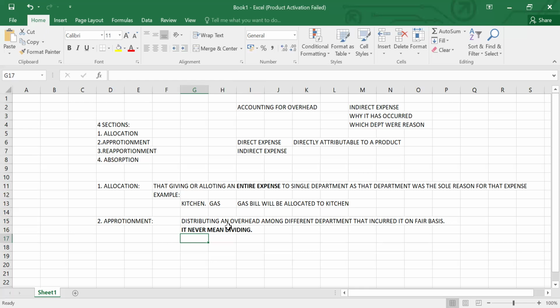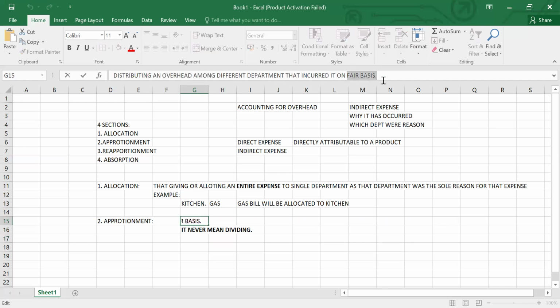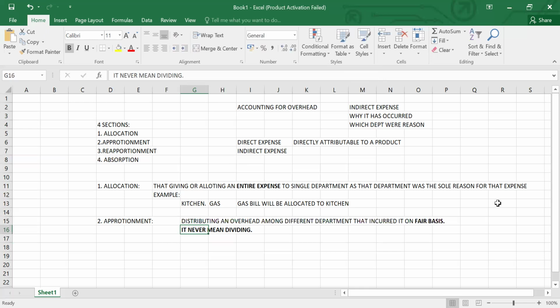Now, this word fair basis that I have written in this definition is also very important. You are going to see it a lot from now onwards. This fair basis explanation is a very fundamental section in your higher exams like performance management as well.